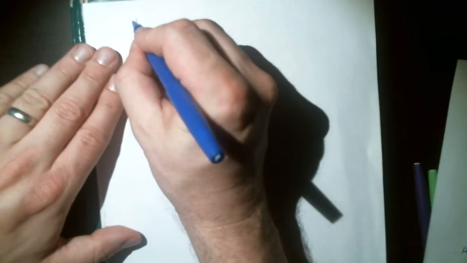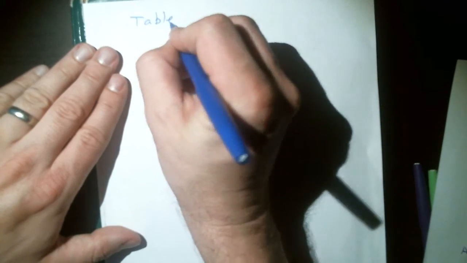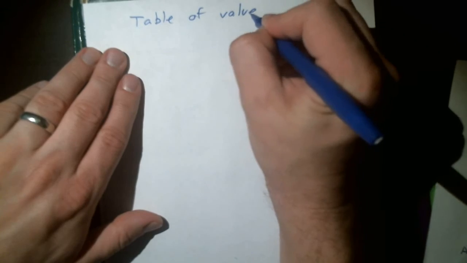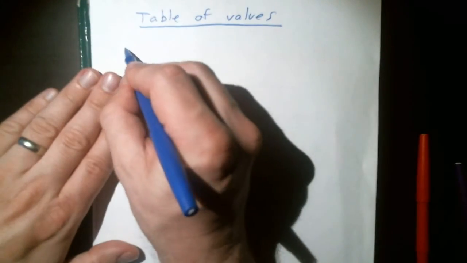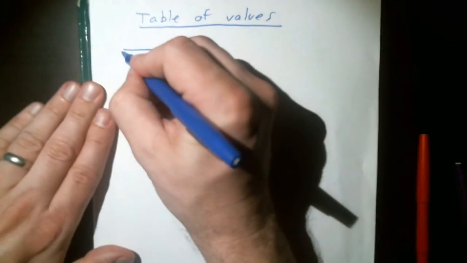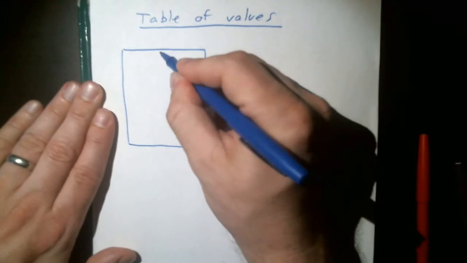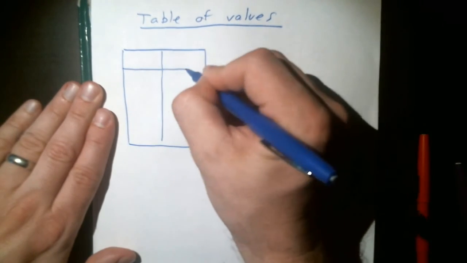So here we go. I want you to do a table of values. A table of values is something that we're going to use to make this a little bit easier. So I want you to make a grid here, and make a line down, making this the first column.